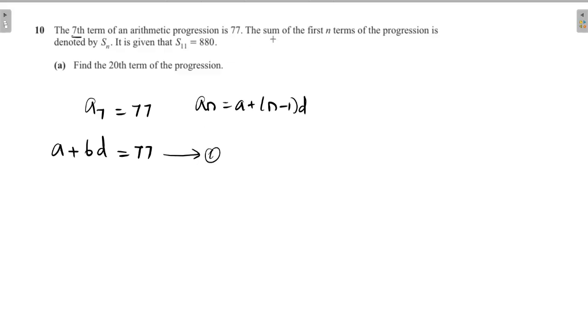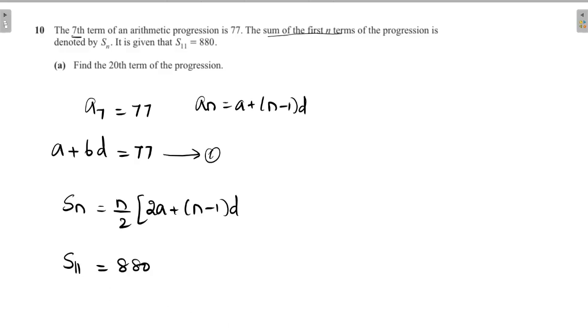The second piece of information is that the sum of n terms of the progression is denoted by Sn. So we know that Sn equals n by 2 times 2a plus n minus 1 times d, given that S11 is equal to 880.